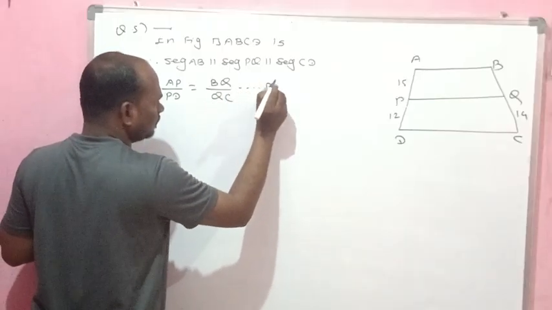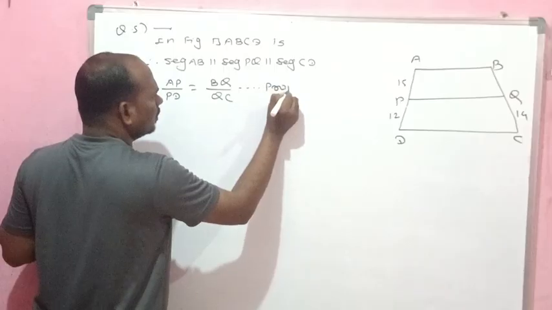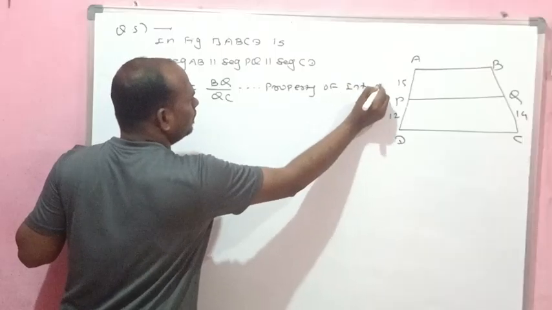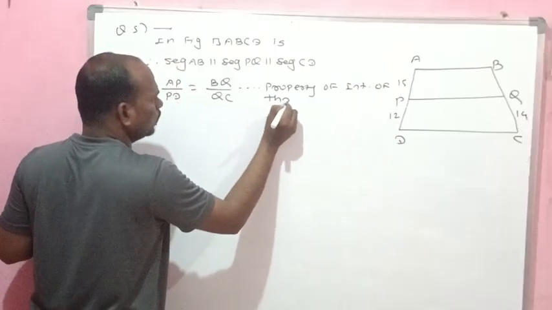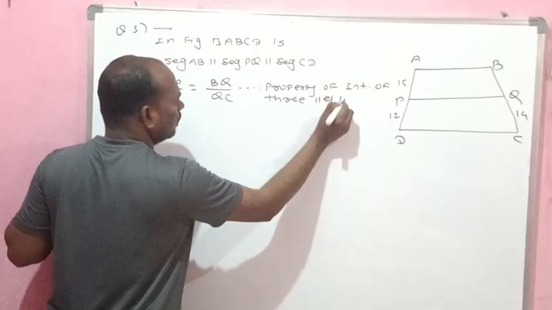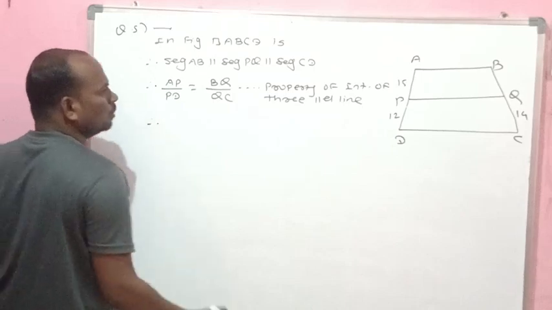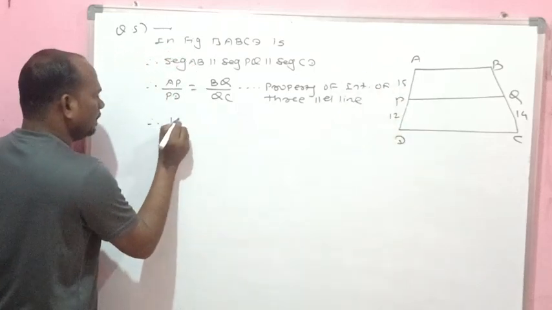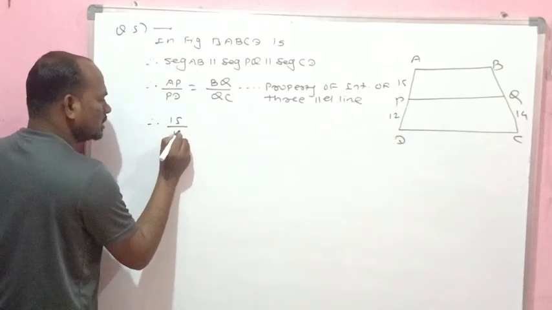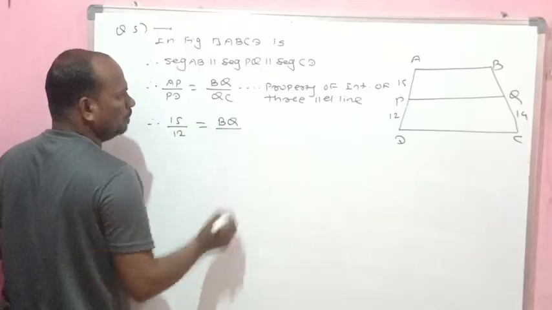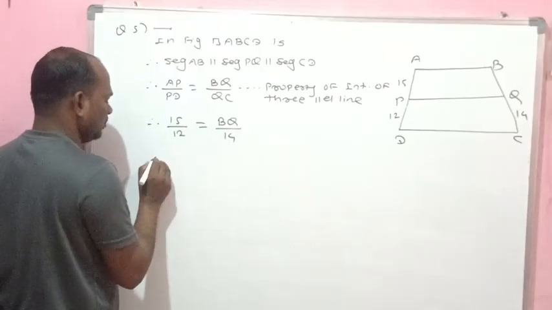Property of intercept of three parallel line. Now therefore value of AP is 15, value of PD is 12, is equal to, we can calculate the value of BQ, and QC is 14.